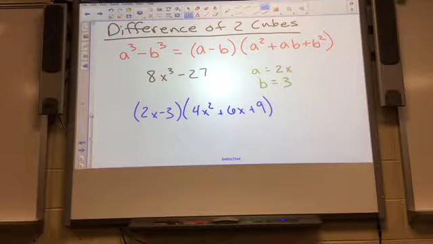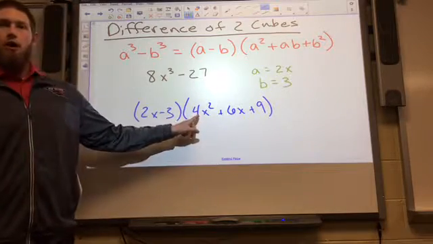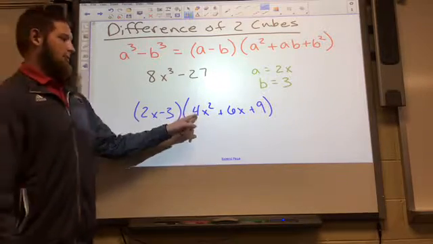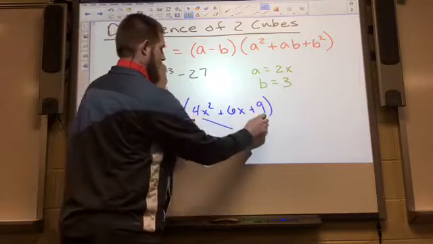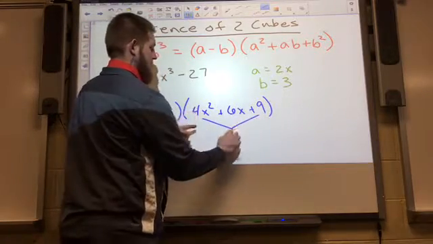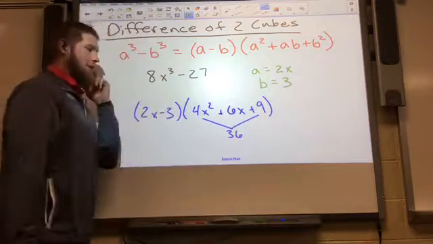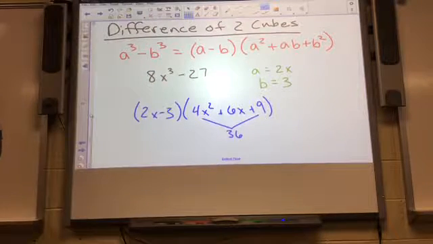Now I still need to check what? Check and see if this is factorable. Now, since this is not a 1, I need to multiply it with what? 9. Is there anything, 4 times 9 is 36. Anything that multiplies to 36 adds to 6?